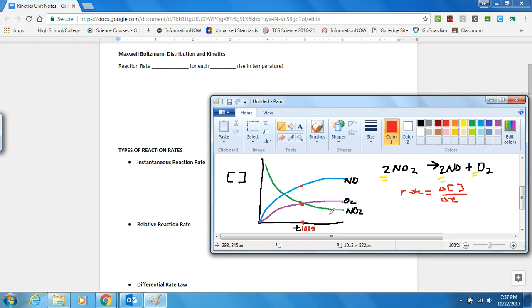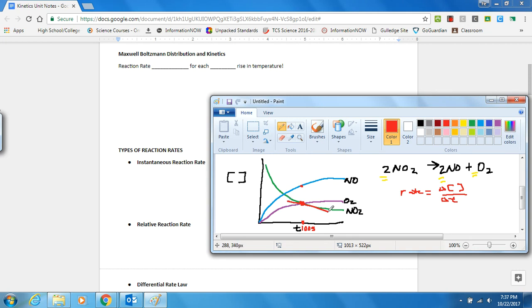So let's just look at NO2, and we want to take the instantaneous rate of NO2 at 100 seconds. We are going to draw a straight line tangent to that curve. I'm going to try my best to draw a straight line. Remember that a line tangent to the curve only touches the curve once, and it only touches it at that particular time in this case.